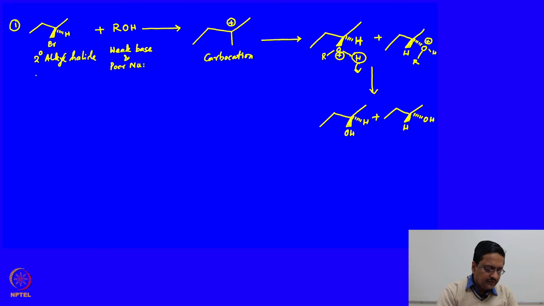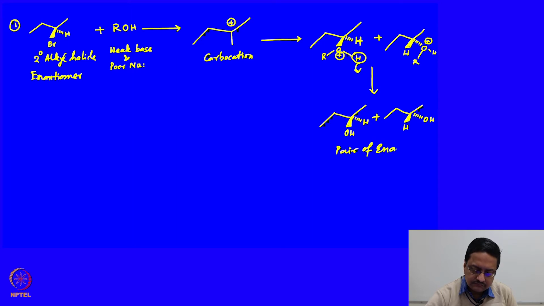So, from a pure enantiomer, I have got a pair of enantiomers, and remember these two are SN1 products. From a pure chiral compound we have ended up in a racemic mixture.